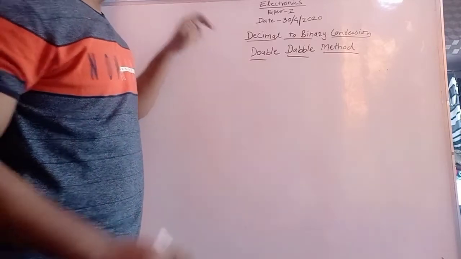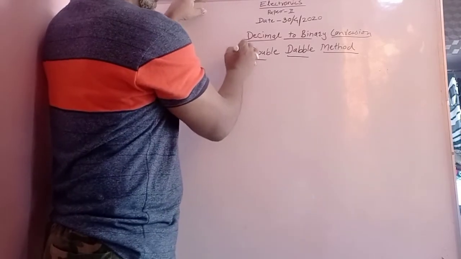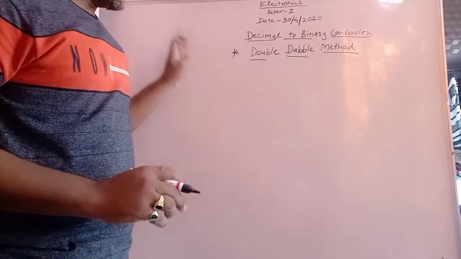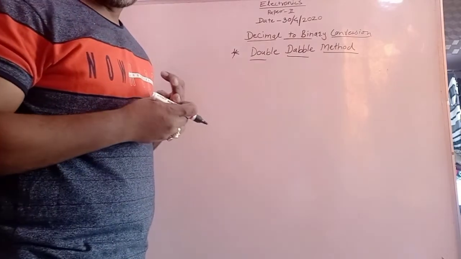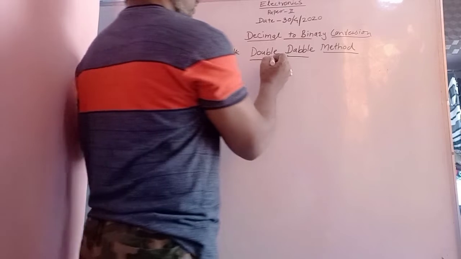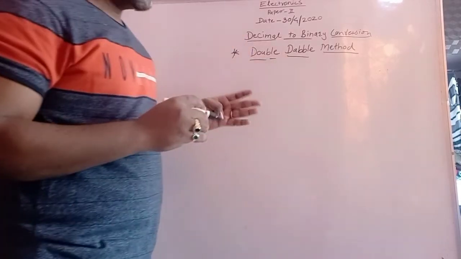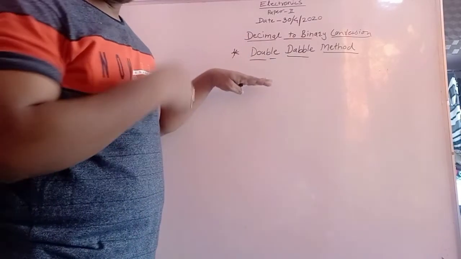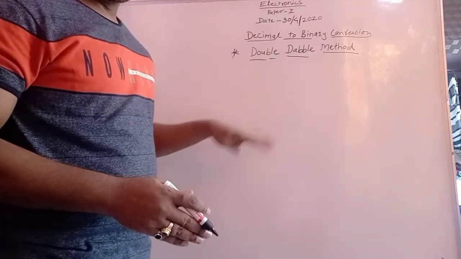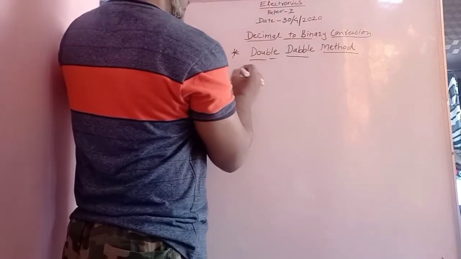So this method works separately for the integer and fractional part. So for integer we work differently, and for fractional numbers we work differently. So consider any integer number.